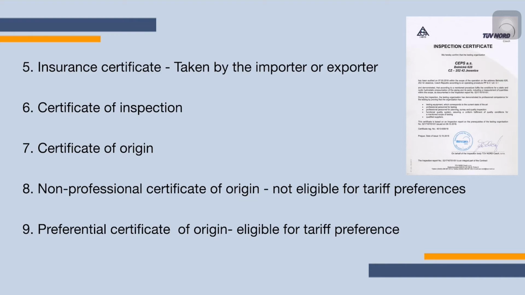Next we have number 5, the insurance certificate. Either the importer or the exporter will take insurance for the goods being exported, as mutually agreed upon. Number 6 is the certificate of inspection, showing that the goods have been checked for quality and according to the invoice before they are moved into the ship.